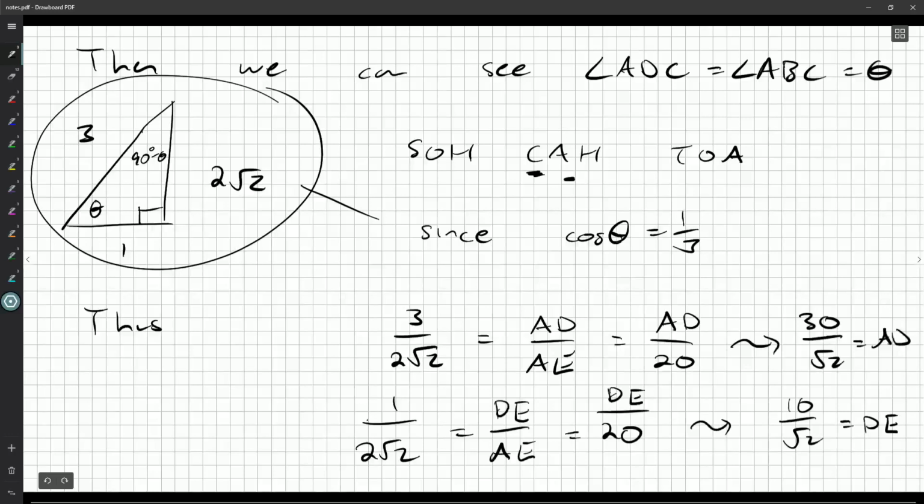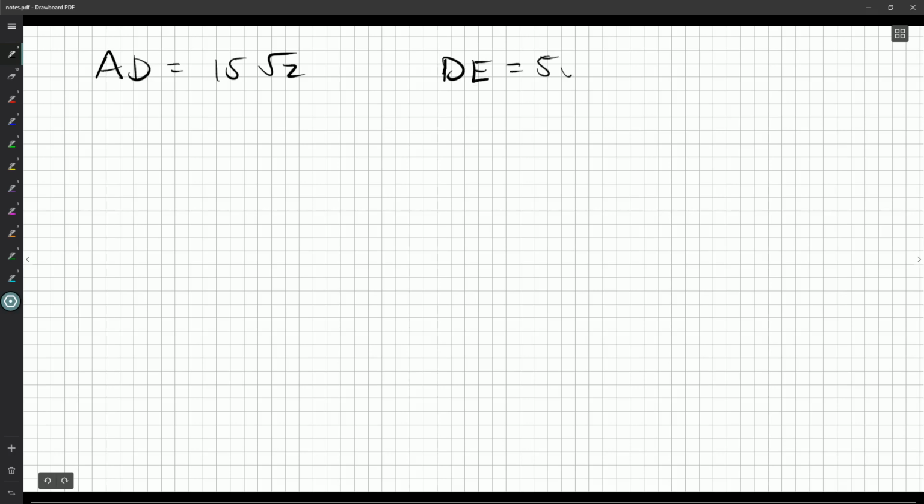Which I guess we can simplify. 30 is 15 times 2, so 15 root 2. And then DE is a third of that, so 5 root 2.